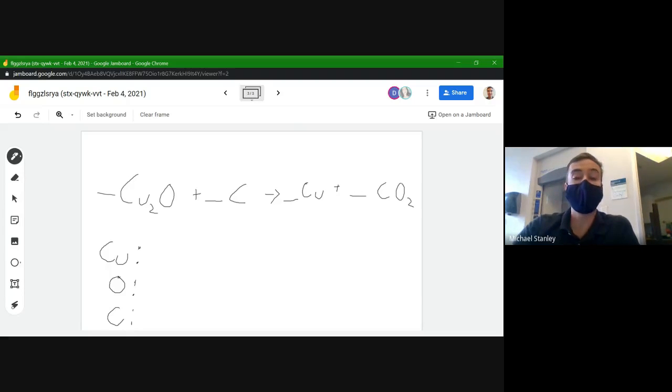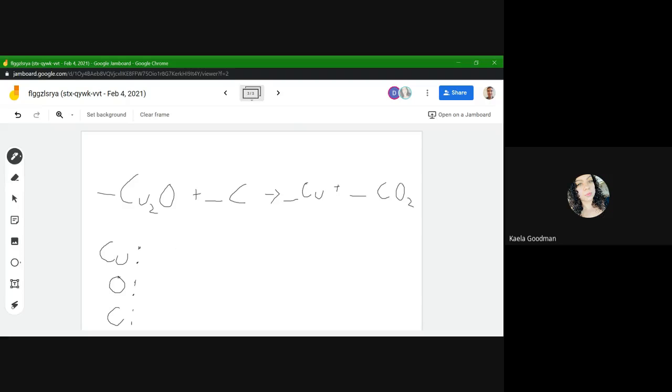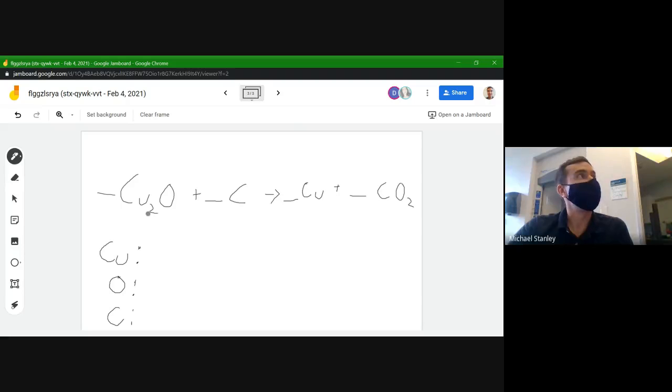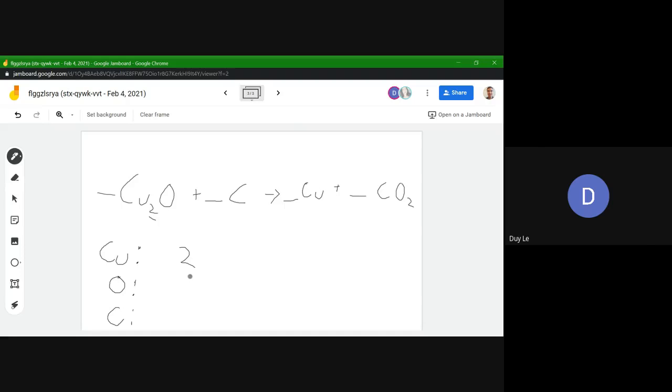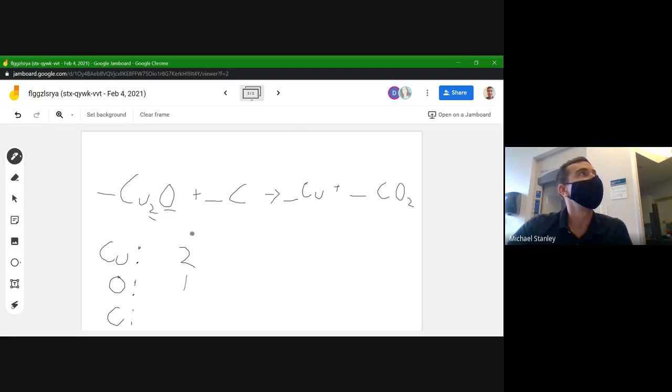All right. Next up is figure out the initial number of atoms. So over on the reactant side, how many Cus are we starting with? 2. 2, precisely. 2 coppers. What about how many O's? 1. Precisely. 1 O right here. And then how many C's? 1. Exactly. 1 C right here. Perfect. All right.